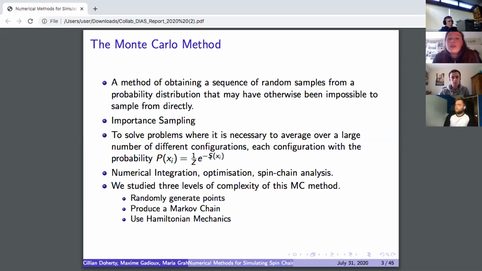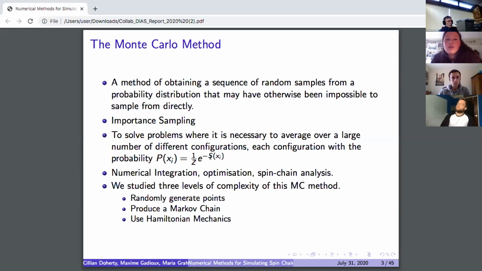So this method is universal and also quite simple conceptually, and so can be applied to a large range of areas, including numerical integration, optimization, and spin chain analysis.